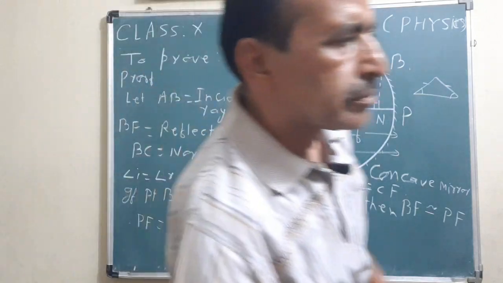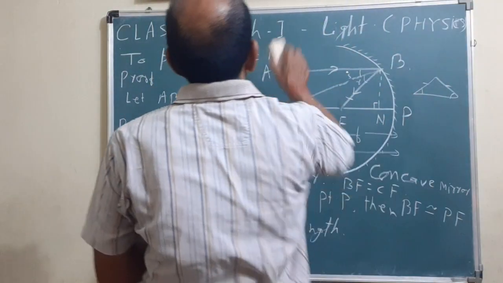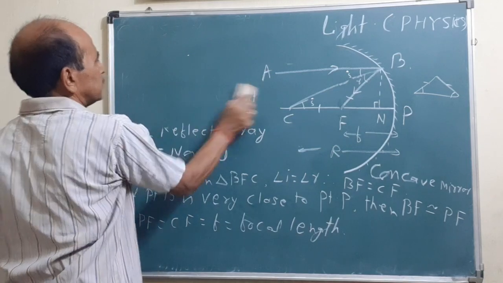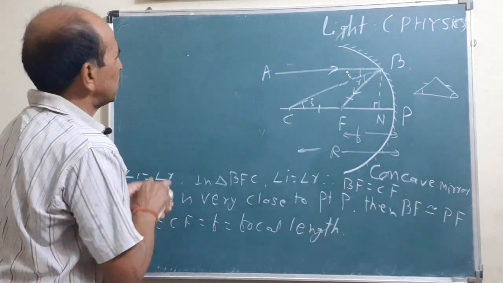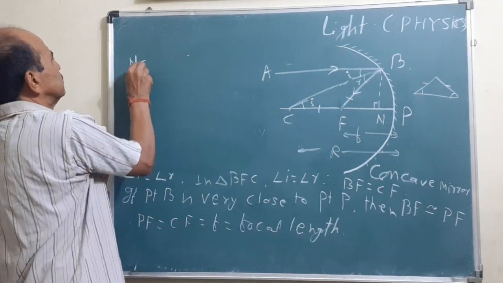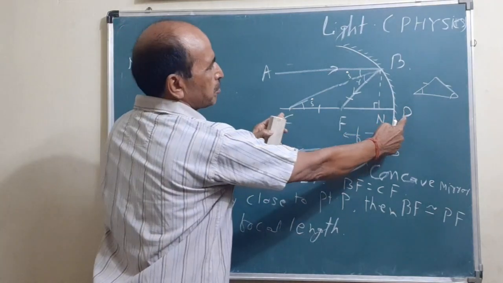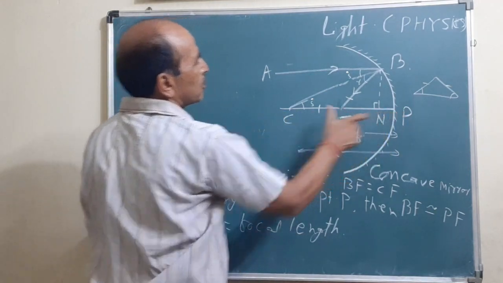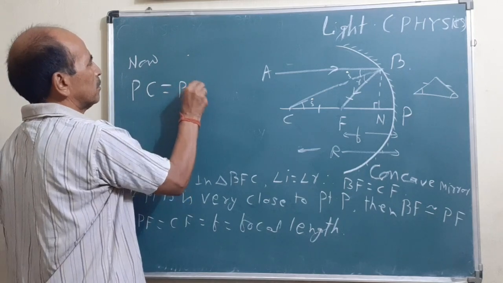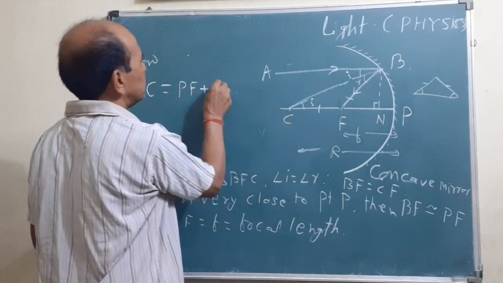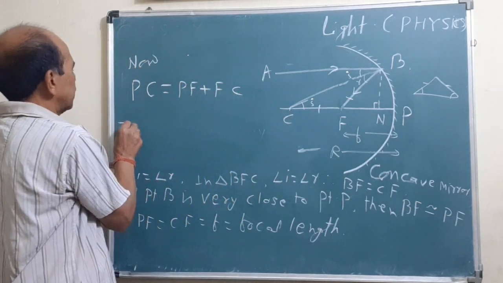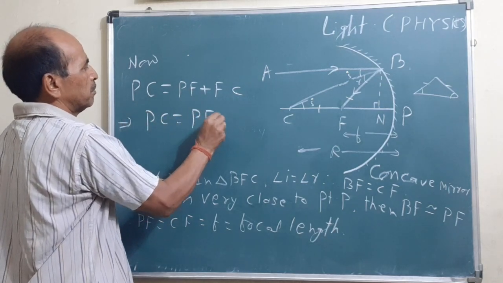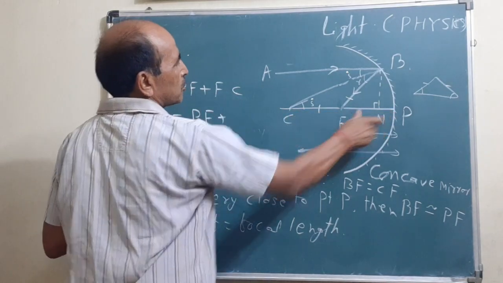After that, now this distance PC is equal to PF plus FC, and FC is equal to PF.